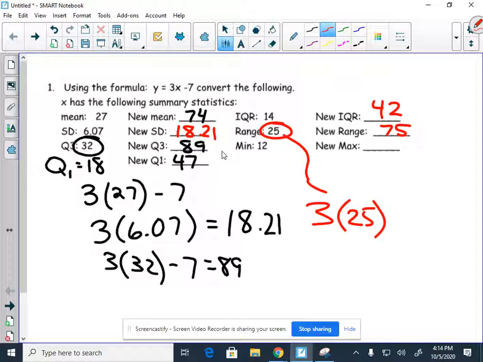And then the new maximum we would take. We don't have the maximum, so we've got to find it. If the range is 25, the maximum, we would have to add 25 onto that.